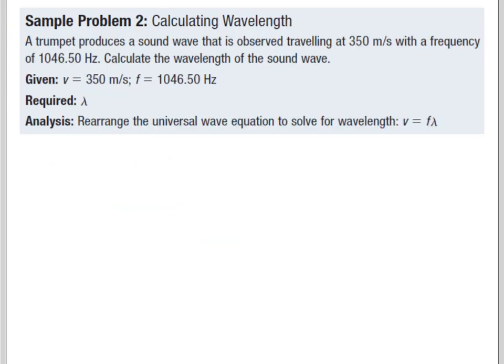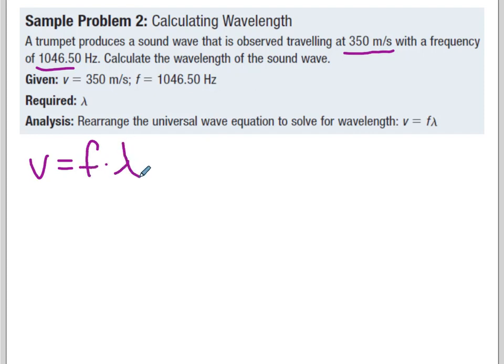Okay, a trumpet produces a sound wave that is observed, not that you can see it, but is observed traveling at 350 meters per second with a frequency of 1046.5 hertz. Calculate the wavelength of the sound wave. Again, we're going back to our universal wave equation.